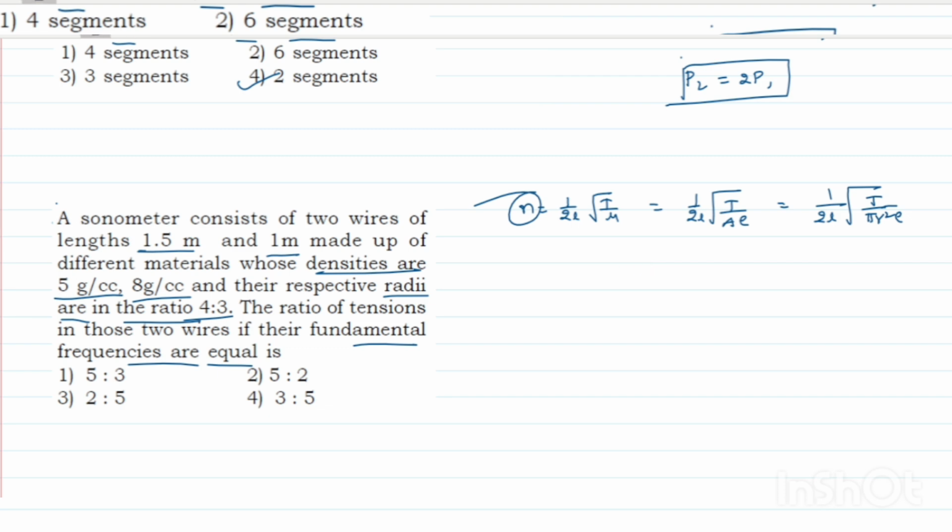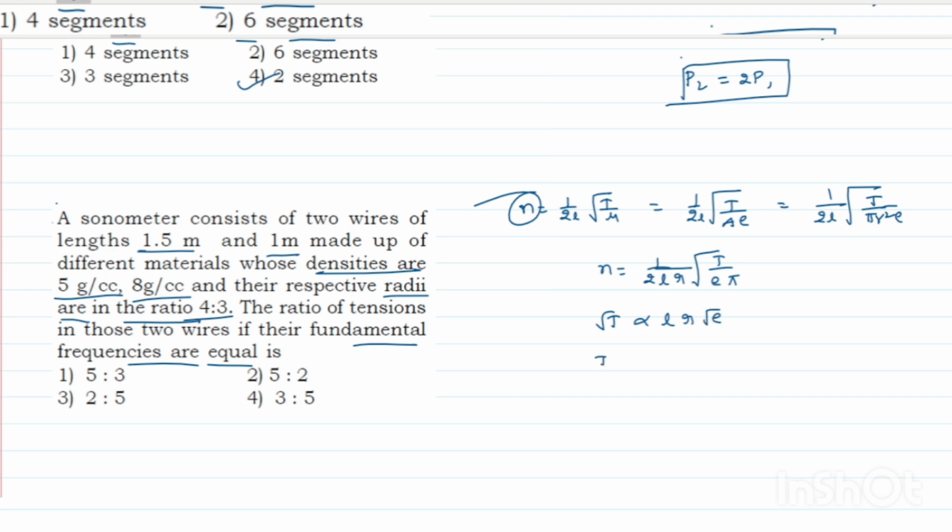And here you have to relate the tension force. So n equals 1 by 2 into l into r into root of t by rho into pi. Then root of the tensional force is directly proportional to l into r into root of density also, students.